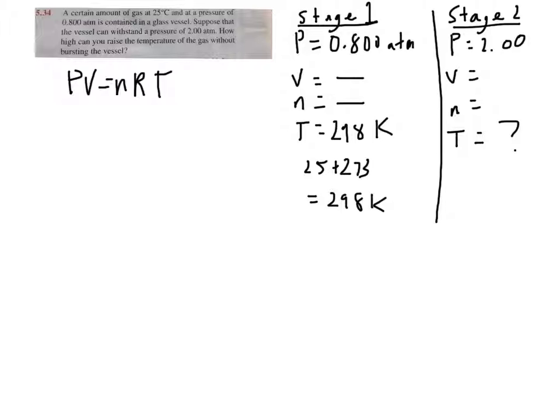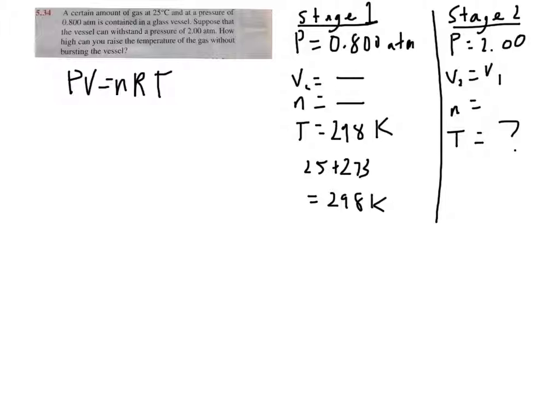We know our pressures, but what do we do with these blank spaces for volume and moles? Well, they talk about there being a certain amount of gas, and the only way you fiddle with this certain amount of gas is just to increase the temperature. It's in a glass vessel, so this is a rigid container. So we know that the volume does not change. We could say V1 equals V2 because it's constant.